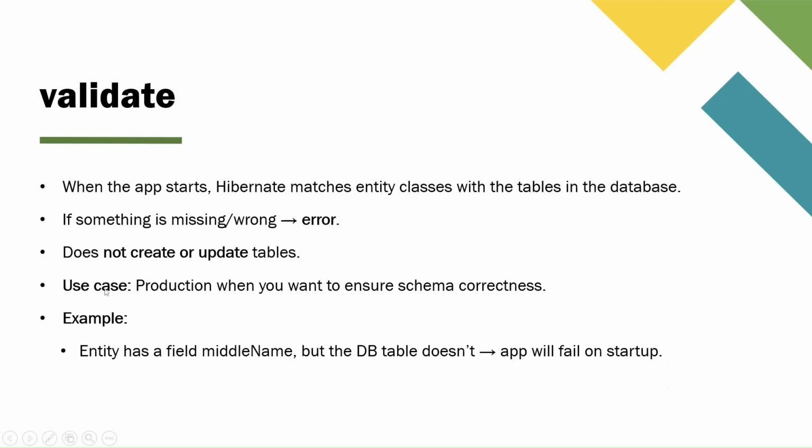Now, when should we use this validate? We should use validate in production. What is production? It means when our application is live and ready to use for the users. For example, Facebook is live, meaning this Facebook application is in production.